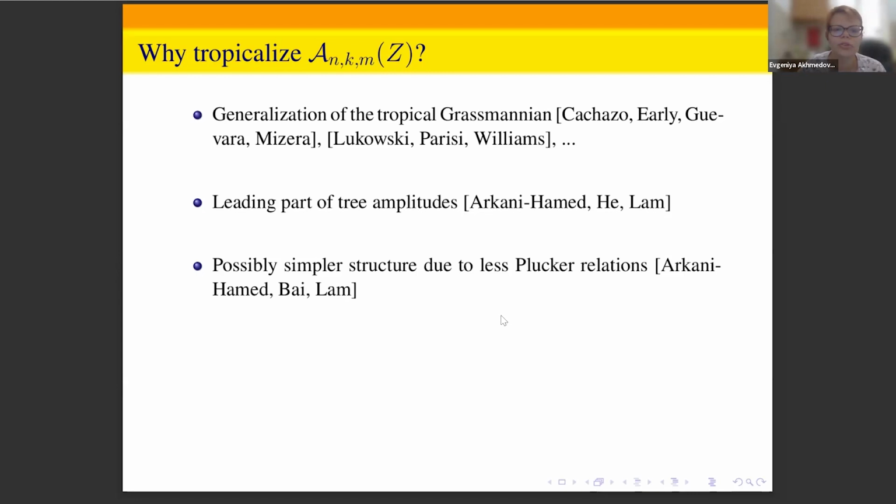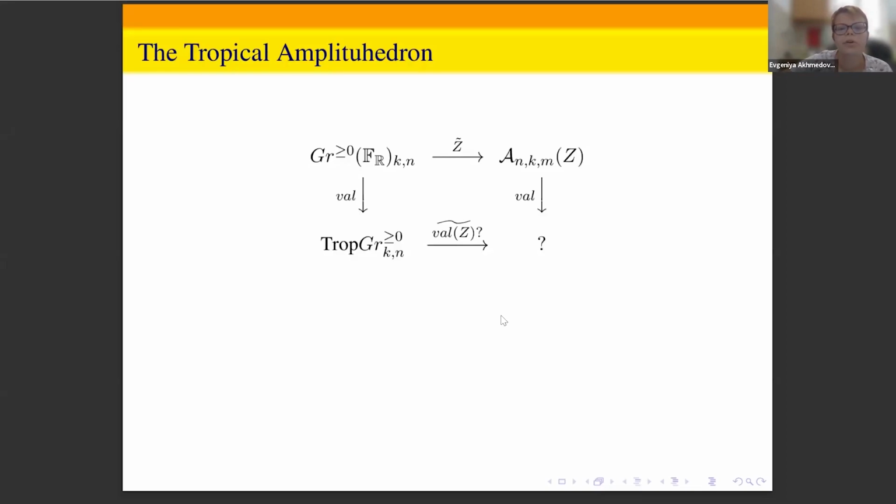Then tropical geometry is a way to compute some asymptotics of functions, and then we could compute asymptotics of tree amplitudes. And possibly a simpler structure. So what we want to do is to make this diagram commute.